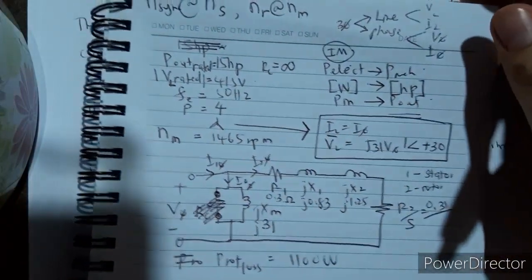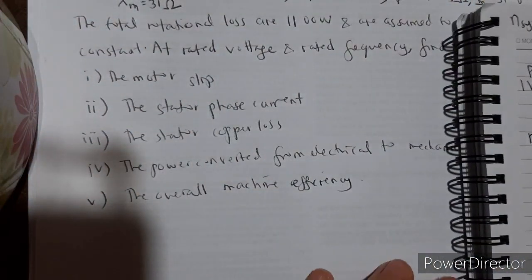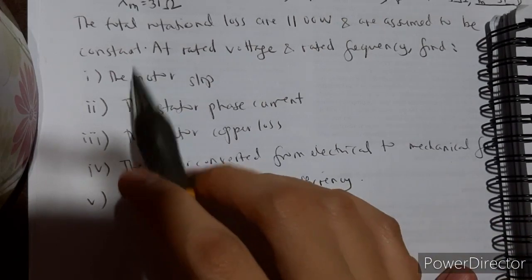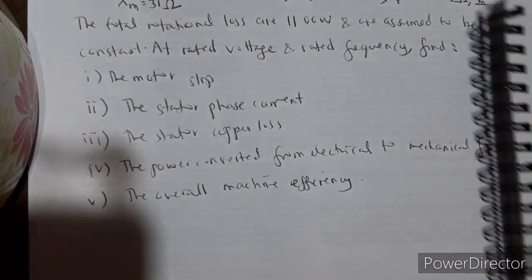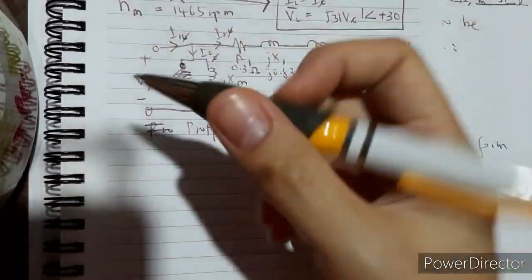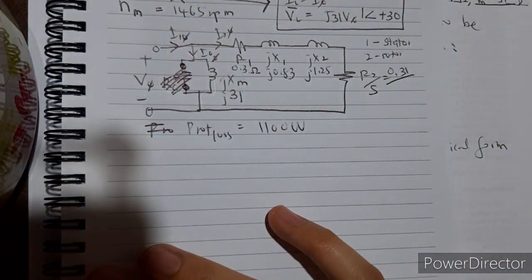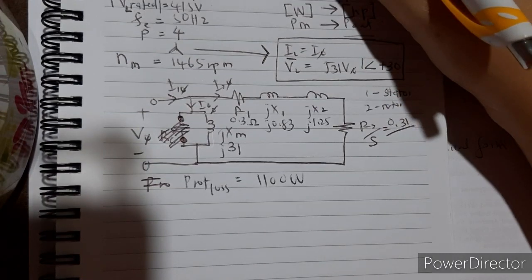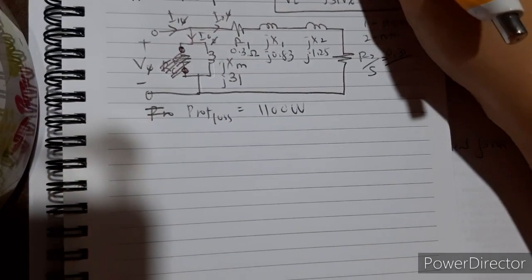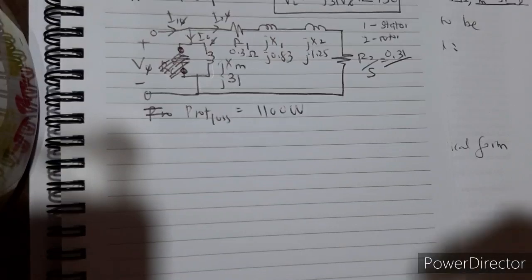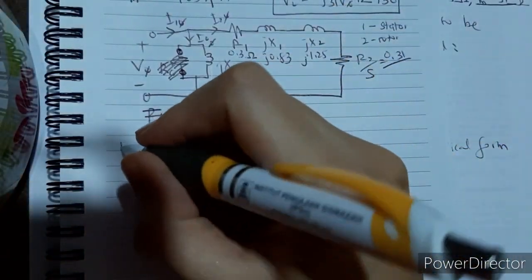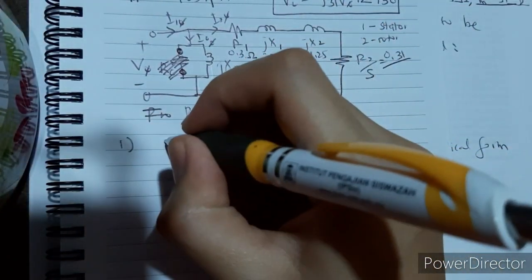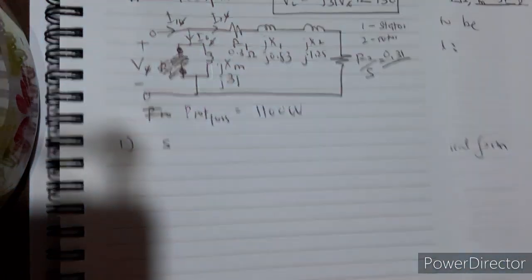Now the question is, find the motor slip. So you can find the formula from the slide. Motor slip, number 1. Motor slip, not slip speed.